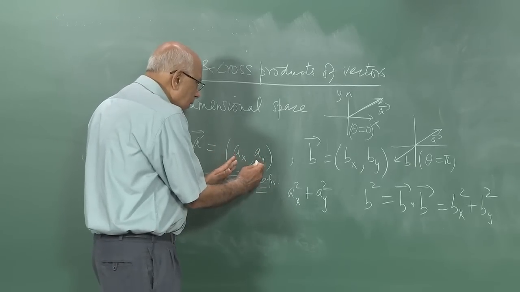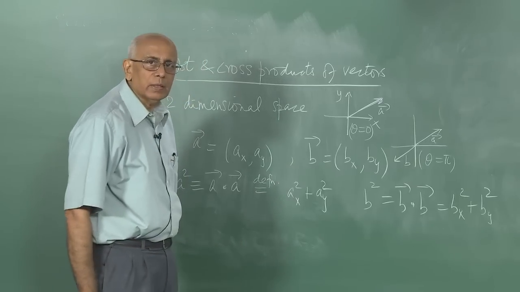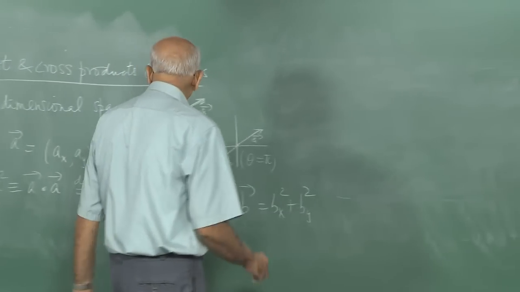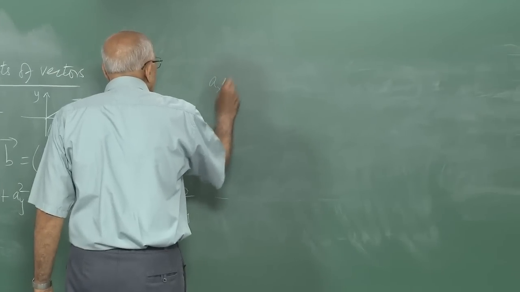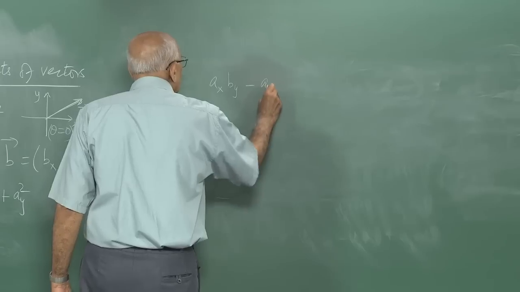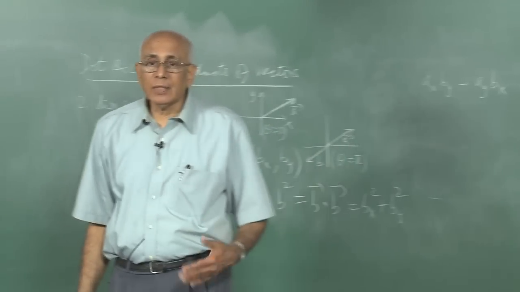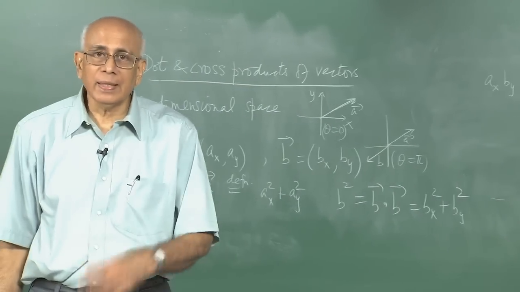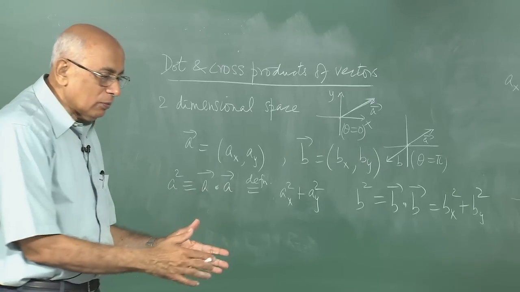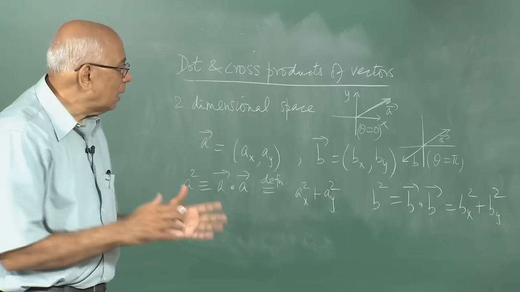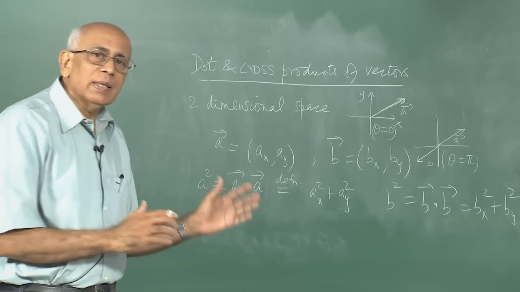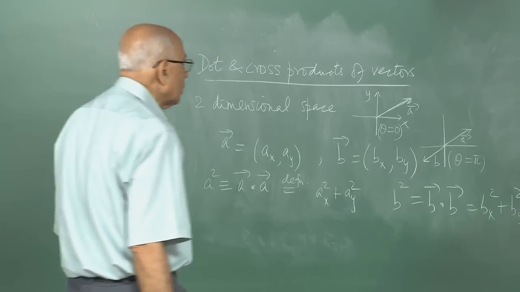I have two quantities here and two there, these two vectors. I could form the following combination. I could form Ax By minus Ay Bx and ask, what does it transform like? What does this quantity transform like? I know the transformation for Ax and Ay and Bx and By. Now what does this combination, bilinear combination, look like?